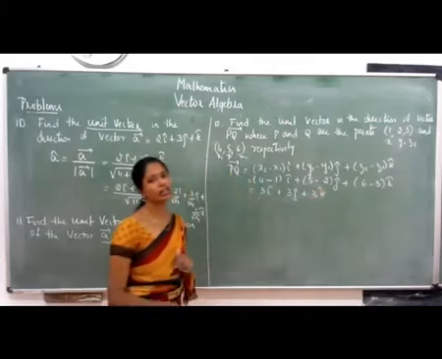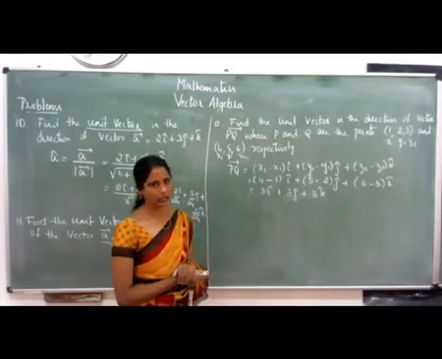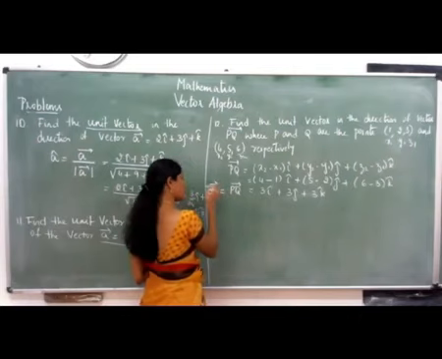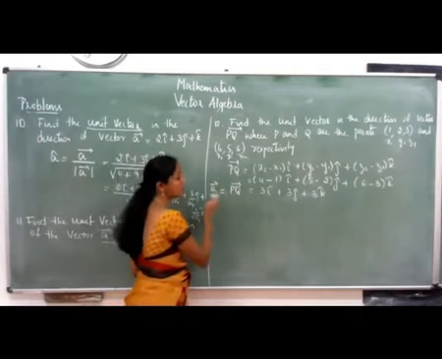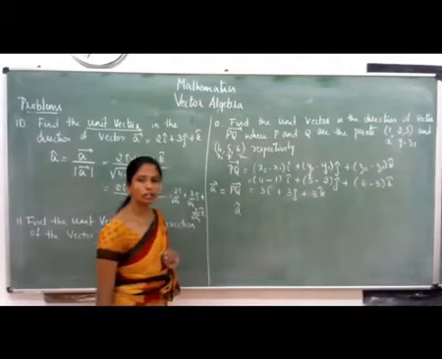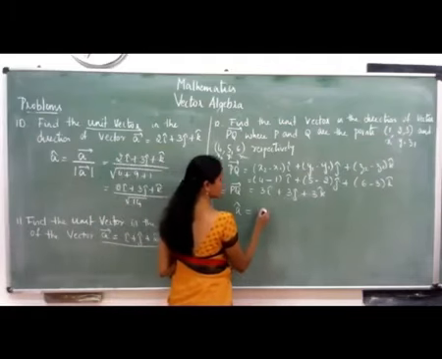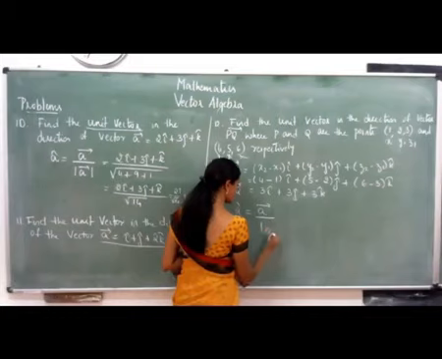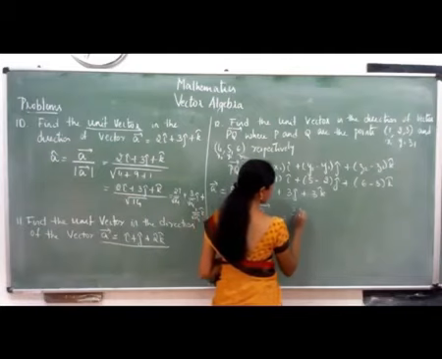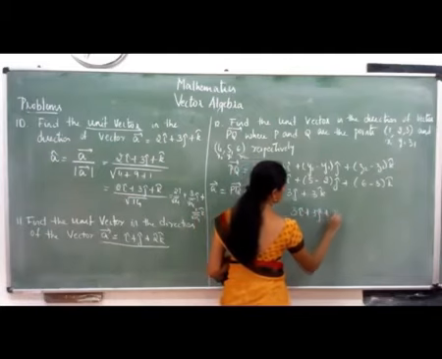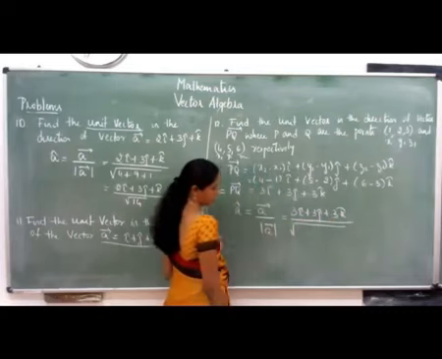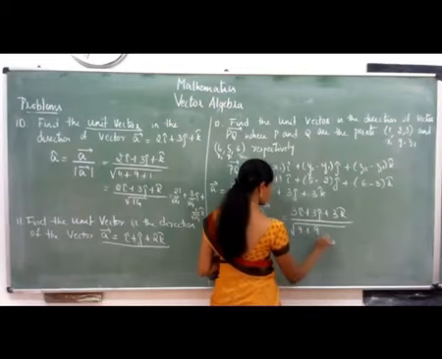Now, for this vector you need to find a unit vector. Let me call vector PQ vector A only. We can represent it in any of the forms. So for vector A, I am going to find a unit vector. The unit vector formula is given by vector A divided by magnitude of vector A. Therefore, this is equal to 3i cap plus 3j cap plus 3k cap divided by square root of 3 square, 9 plus 9 plus 9.